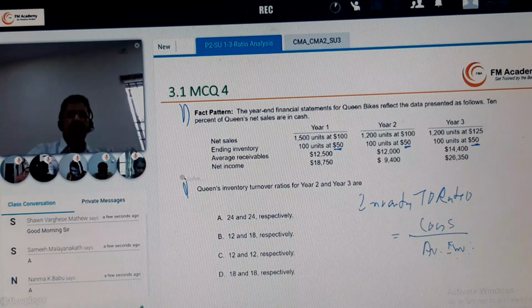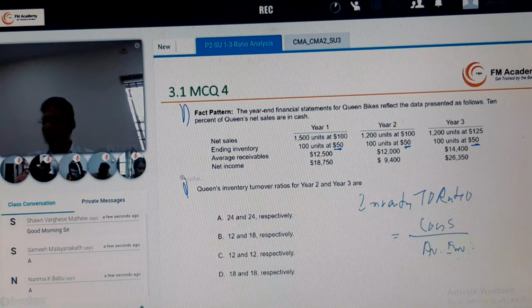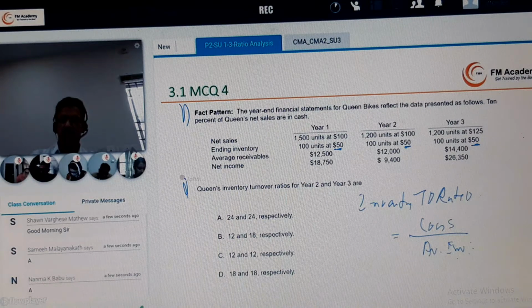This is there in the table, you will not miss it. If any of you have done the answer, got the answer, please post. Then I'll explain.